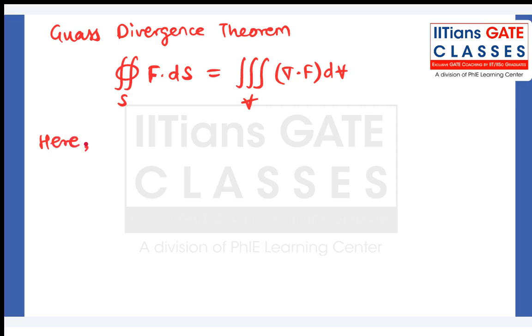this f function is nothing but z into k cap, most likely, and this ds is nothing but dx dy. I mean, you can write this as i dot cap and j dot cap, that's fine.